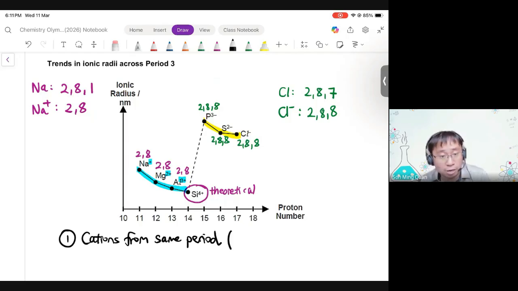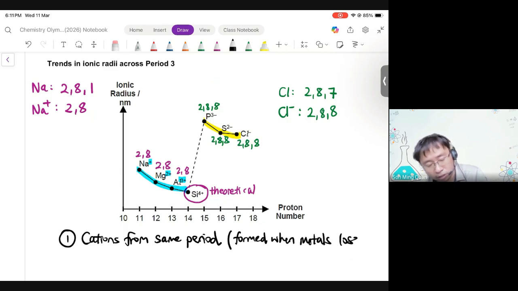And remember, cations are formed when metals lose valence electrons.